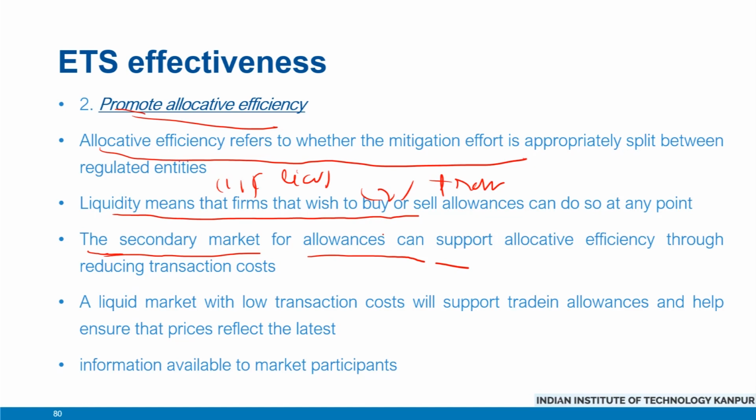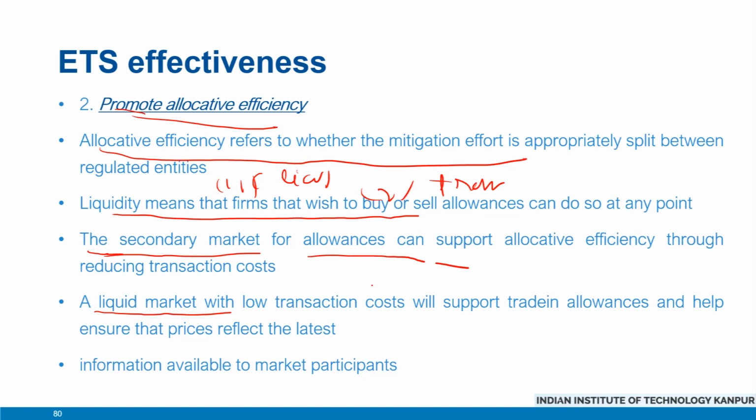So, this could mean that firms with higher mitigation costs, which could otherwise purchase these firms' allowances, are not able to do so, and this results in mitigation efforts being split up inappropriately across entities. Lastly, a liquid market with low transaction costs will support trade in allowances and help ensure that prices reflect the latest information available to market participants.